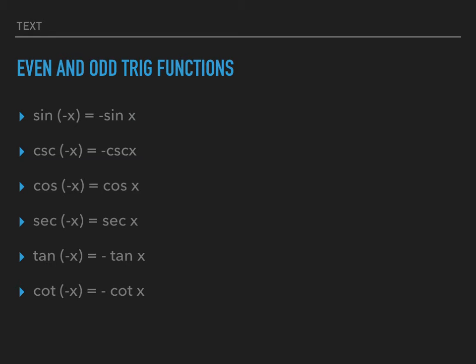Secant is just 1 over the cosine, so it is also even. And then tangent and cotangent are both odd also. That is because tangent and cotangent are sine over cosine or cosine over sine, and so they become odd. So of the trig functions, 4 of them are odd, 2 are even. Cosine and secant are even.